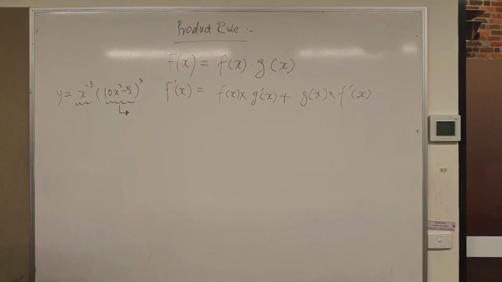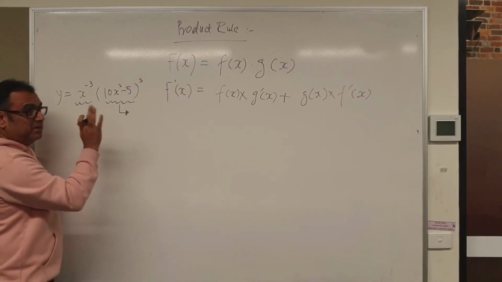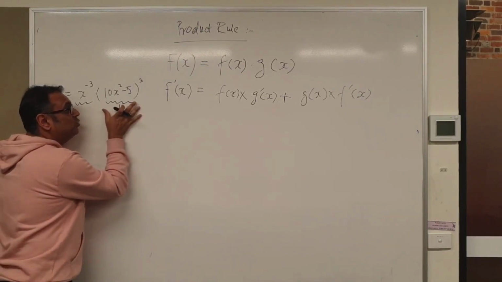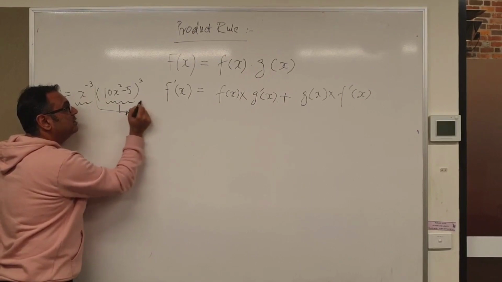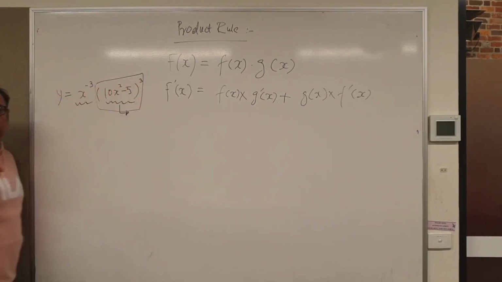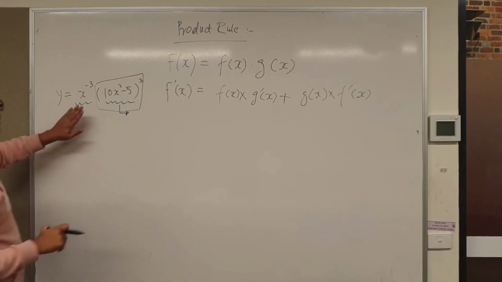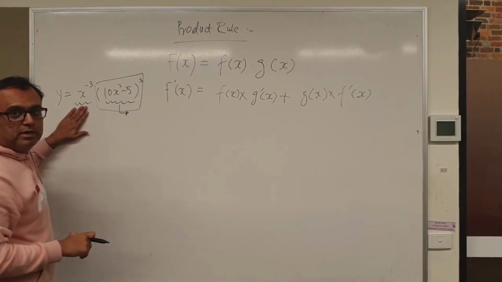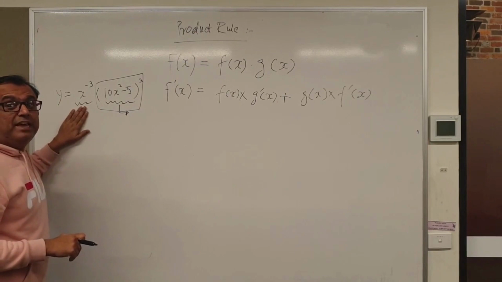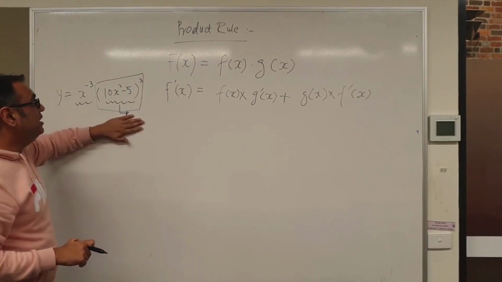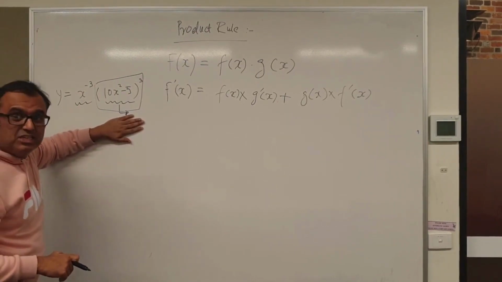Last week we did that, right? But are you sure that you need to use chain rule for this bit? First things first. The thing that should strike your mind is, okay, this is easy, straightforward: n times x raised to the power of n minus 1. Here is a chain rule.